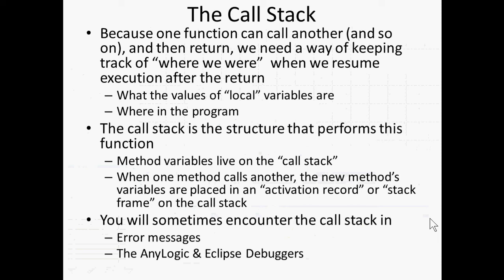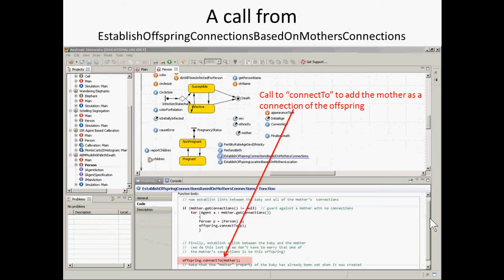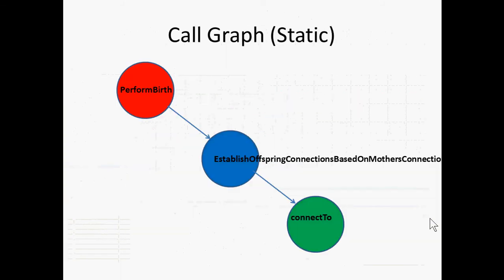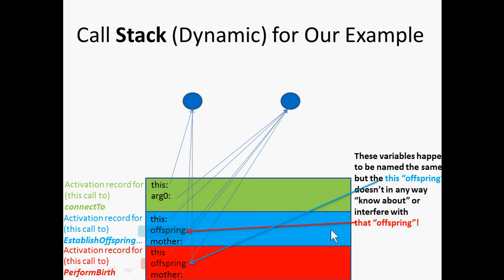And by the way, they don't interfere with one another. They could use the same names for their so-called formal parameters. One could take what they call group, and then another one could take group, and they don't interfere at all. They're totally different references. One called offspring, another calls offspring. Okay, it's called a call stack.